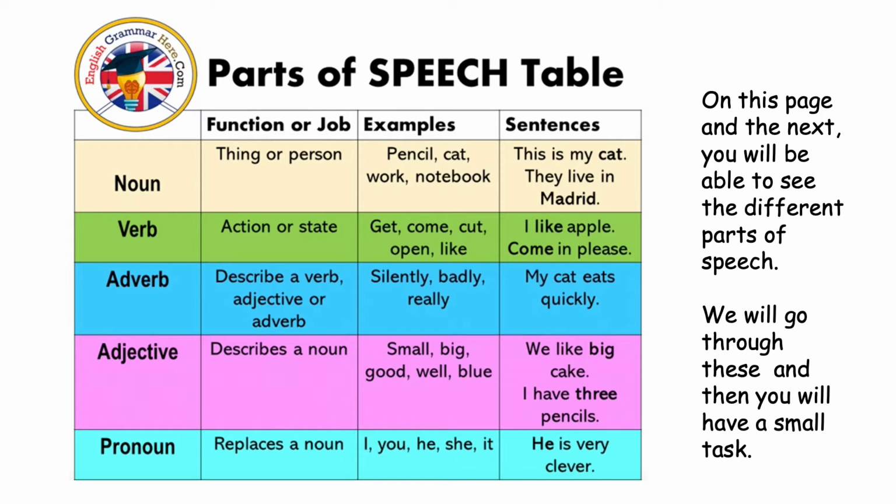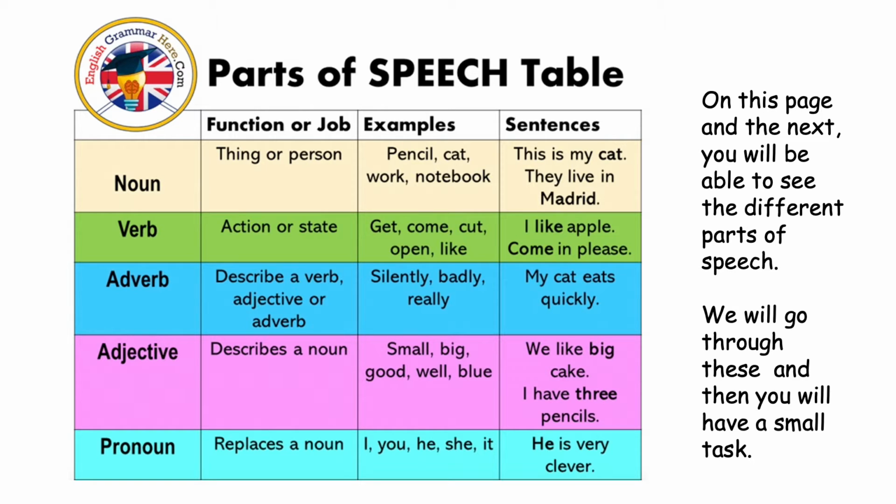The list goes on. So the sentence, really simple sentences. This is my cat. They live in Madrid. And cat and Madrid are the nouns in that sentence. They is a pronoun.